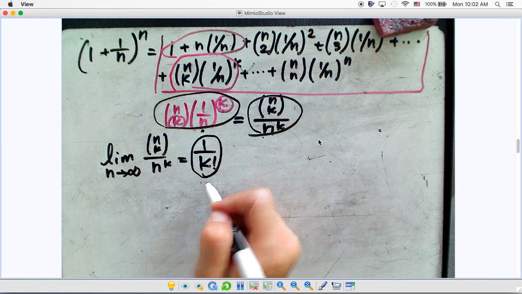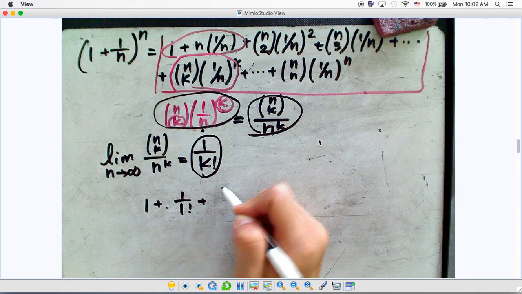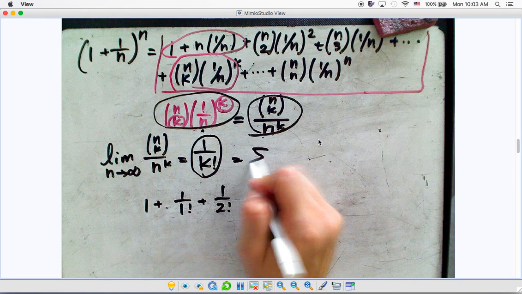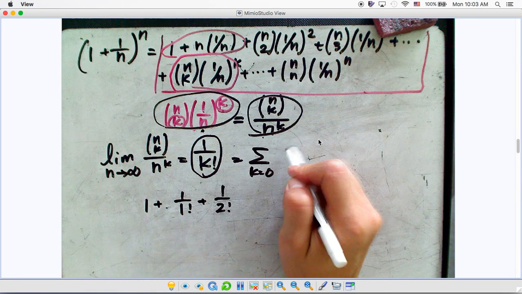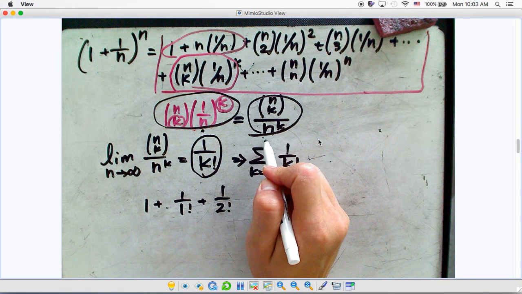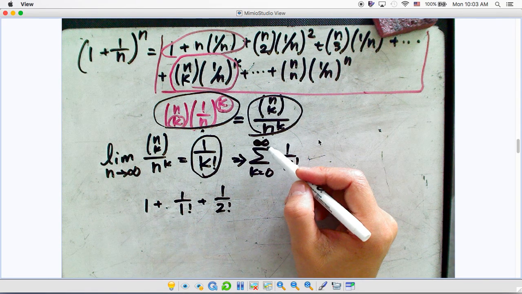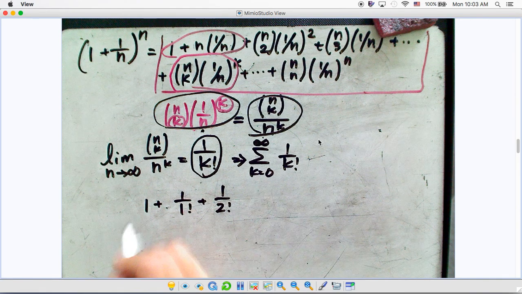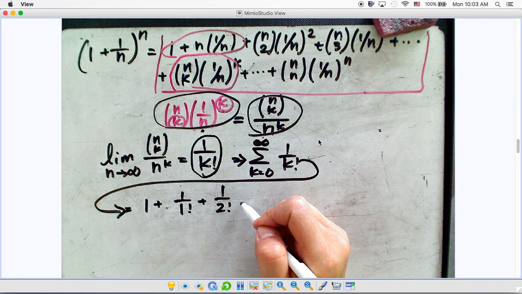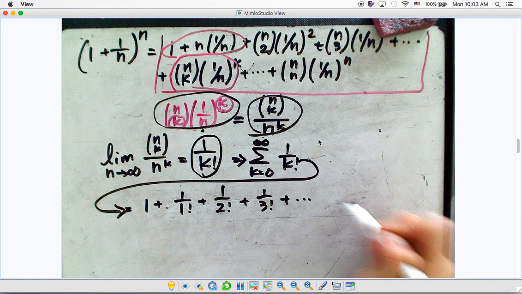Now this 1 over k factorial means 1 plus 1 over 1 factorial plus 1 over 2 factorial if you take the sum of it, right? If k starts from 0 and you have 1 over k factorial, and it goes on and on to infinity, that means 1 plus 1 over 1 factorial plus 1 over 2 factorial plus 1 over 3 factorial plus on and on all the way to infinity.